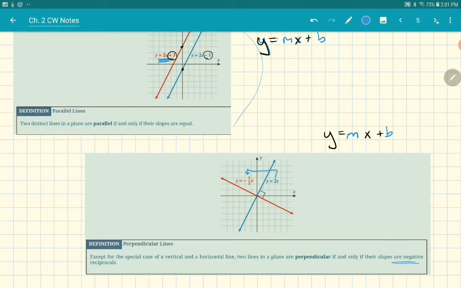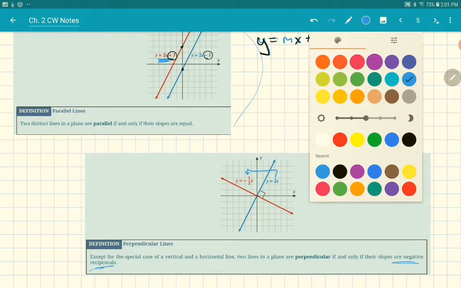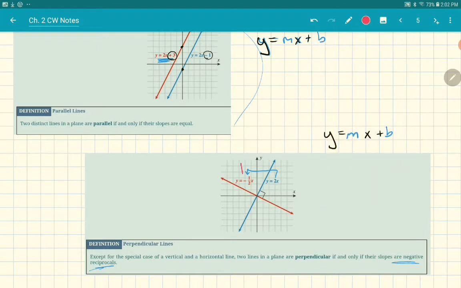So that means change the sign and flip it. So if I have this red line with the slope of m equals, I'm going to do it in red, I have the red line with a slope of -1/2 x.